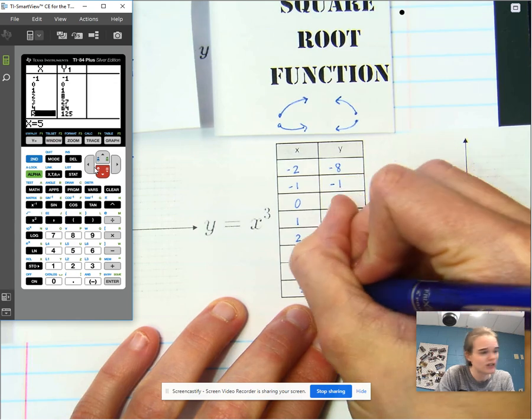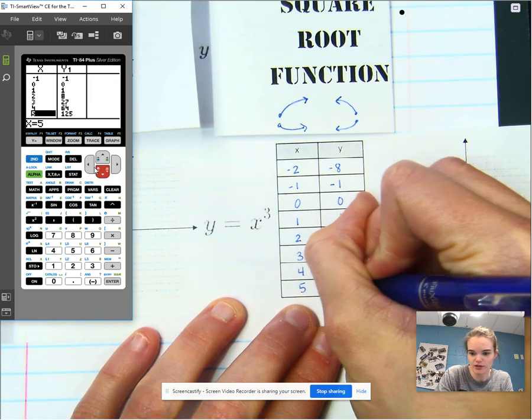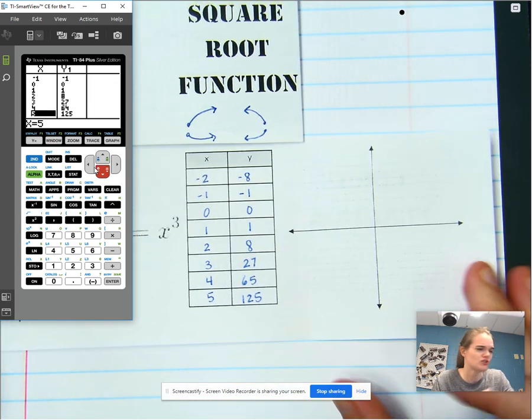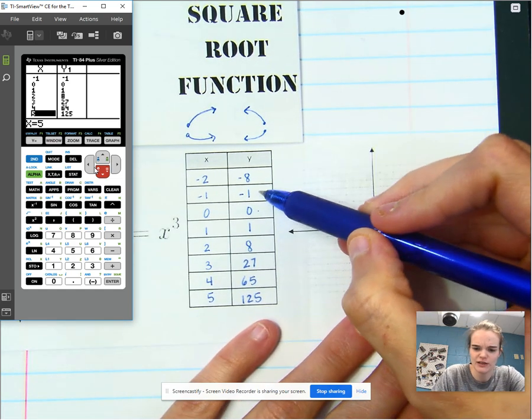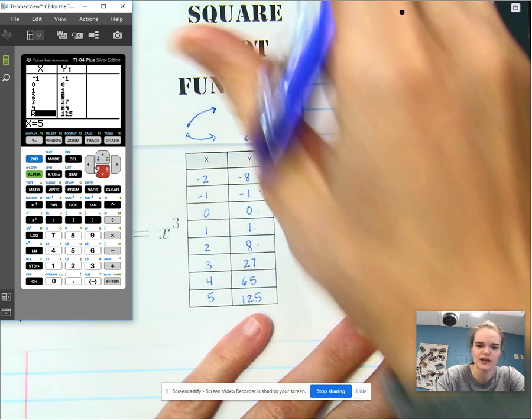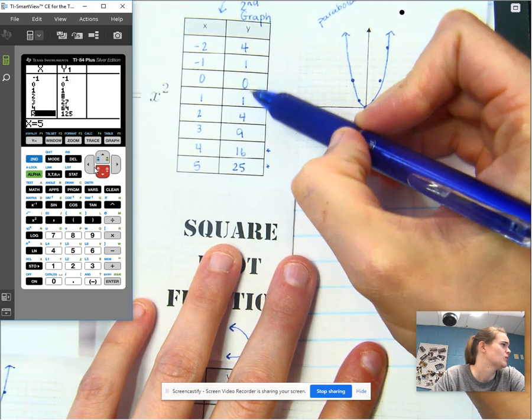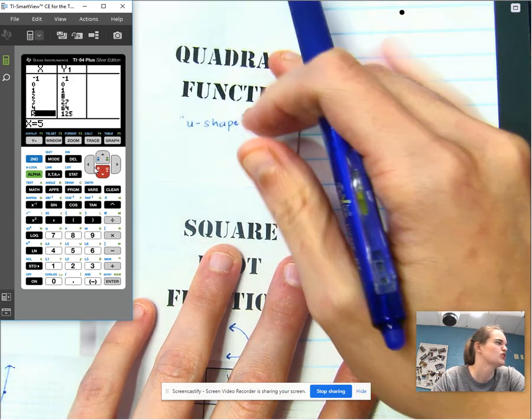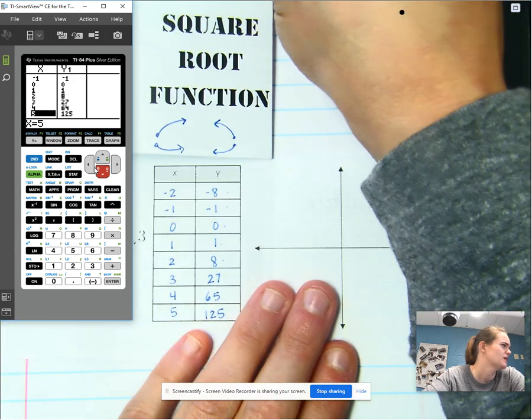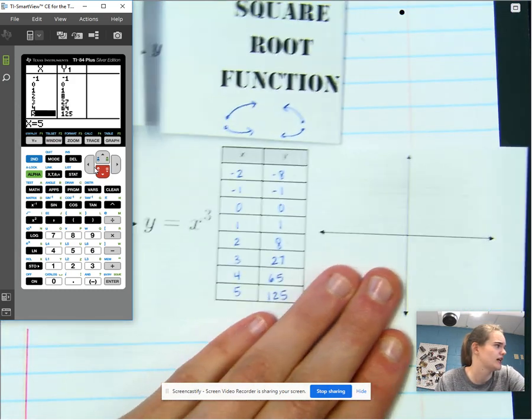And 5 is 125. So I'm probably not going to be able to graph that one. Do you notice a pattern? 0, -1, 1, -8, 8. That also happens in quadratic. 0, 1, 1, 4, 4. But again, we'll talk about that a little later, when we talk about the specific ones every day.